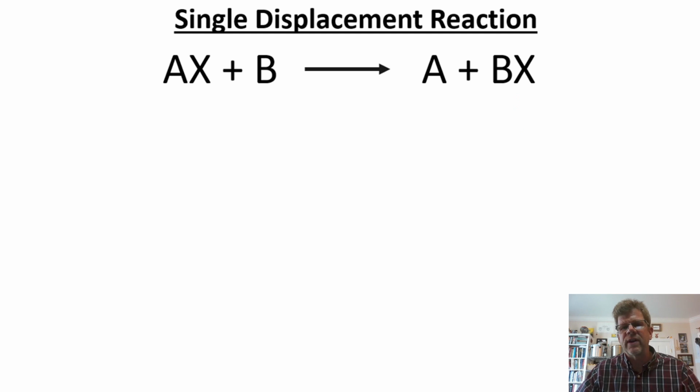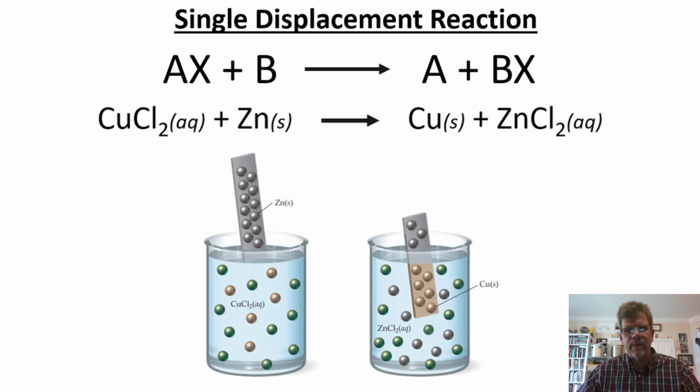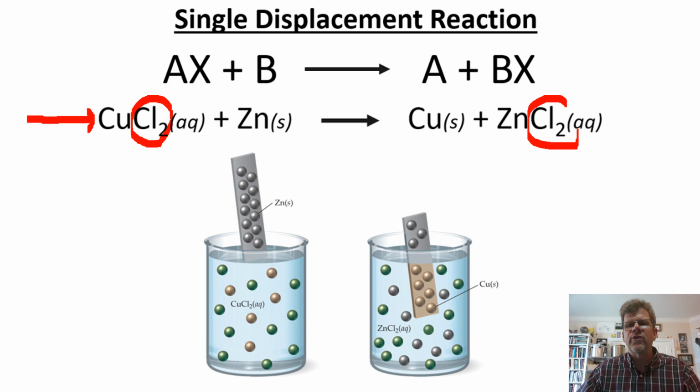Let's look at an example to see if we can recognize that in an actual chemical equation of reaction. Again, you don't have to look at the picture here, but let's focus on the chemical equation. CuCl2 plus zinc goes to Cu plus ZnCl2. These chlorines have singly displaced from the copper in the reactant profile to the zinc in the product profile. So this would have the shape, if you will, of a single displacement reaction.